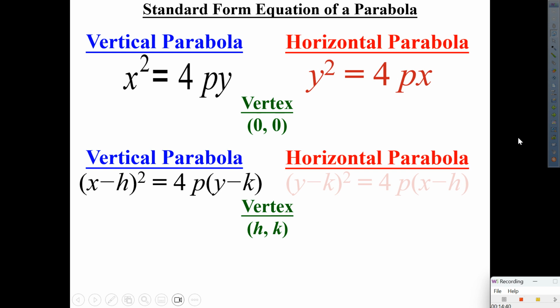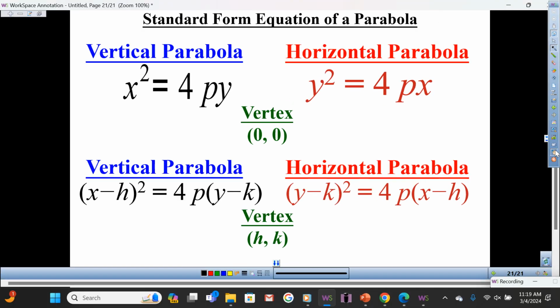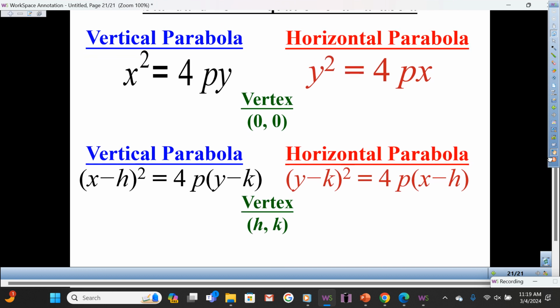Now, it might look a little bit intimidating, but I'm going to show you a really quick way of identifying how to write your formula. Standard form equation.